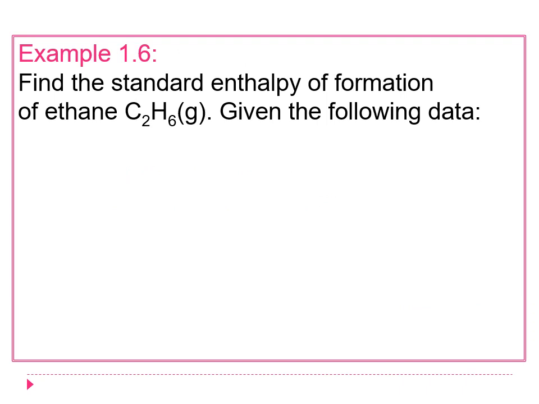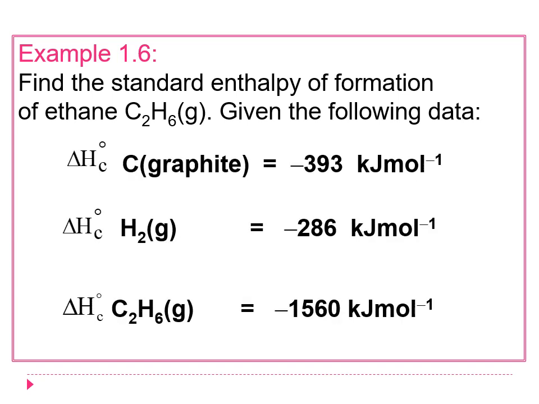Okay, I will show you how to answer the question. For example, 1.6 using both methods. The question is, find the standard enthalpy of formation of ethane C2H6 given the following data. As you can see, the data is delta HC.